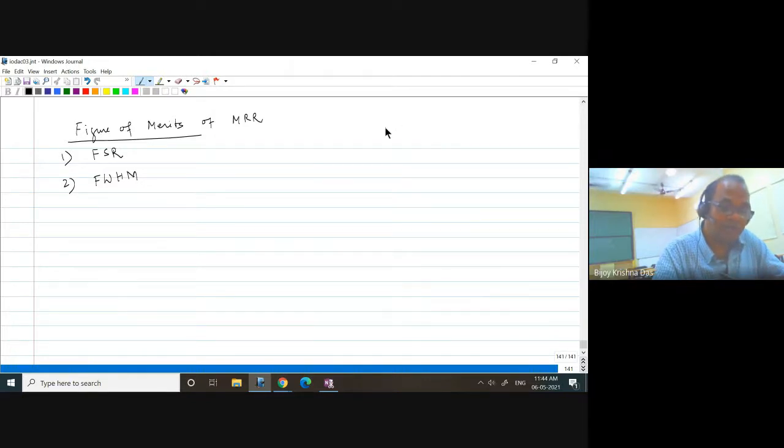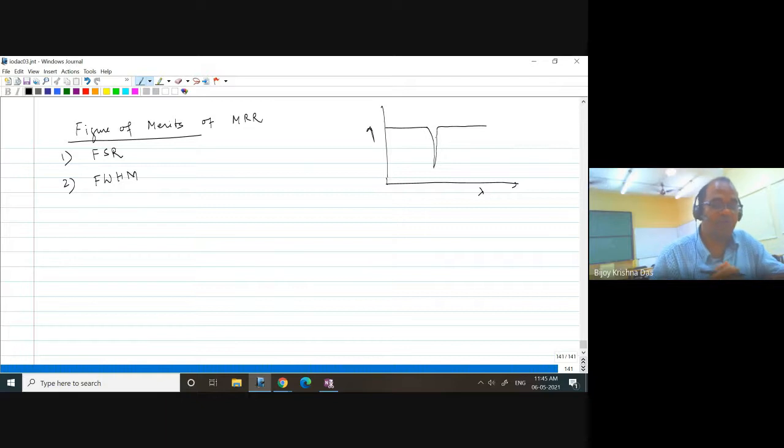If you concentrate on a particular resonance, considering only lambda m or nu m, this is lambda and this is your output. What do we mean by full width at half maximum?